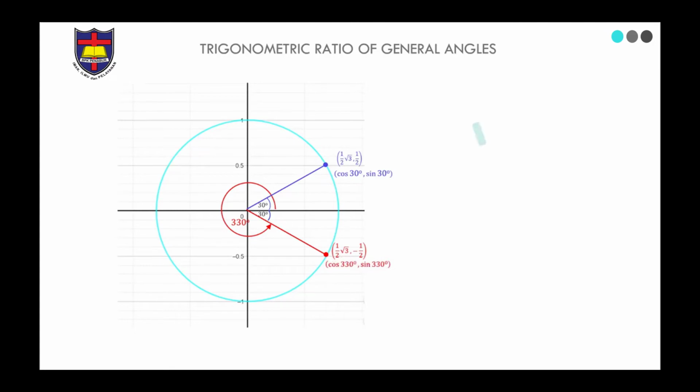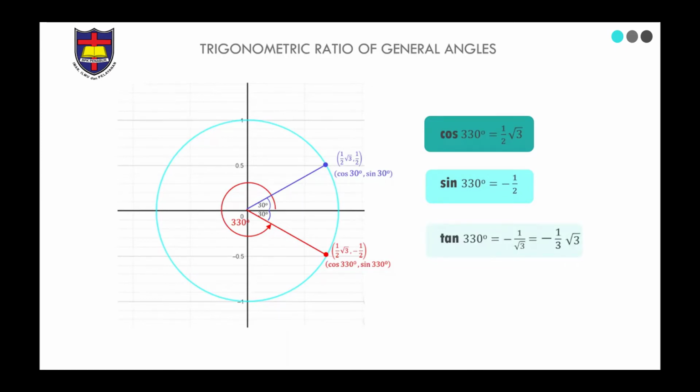So I have 330 and I can match that cos 330 will be a half square root of 3, sin 330 is minus a half, and if we need the value of tangent, the tangent is always the ratio between sine over cos. In this case, we have tangent 330 will be 1 over square root of 3, or 1 over 3 square root of 3, in the negative sign.